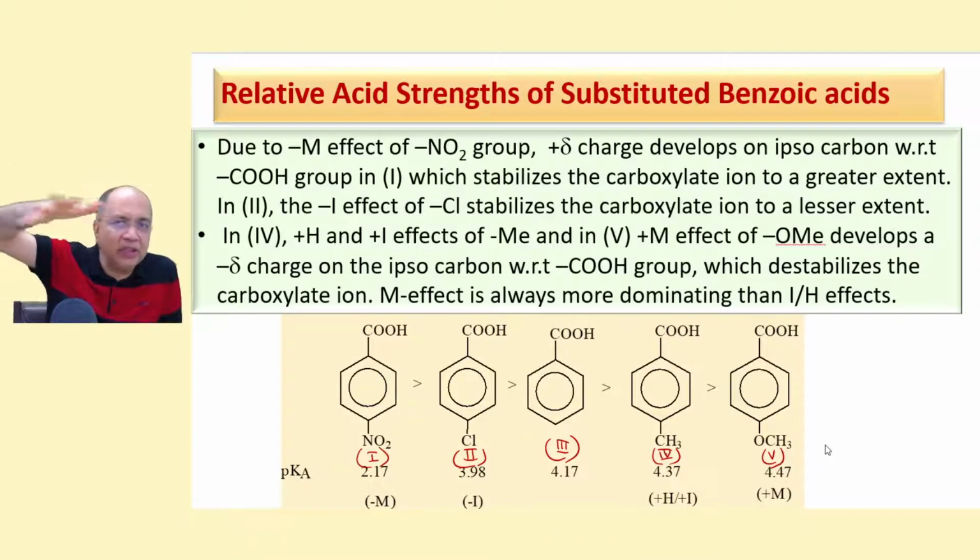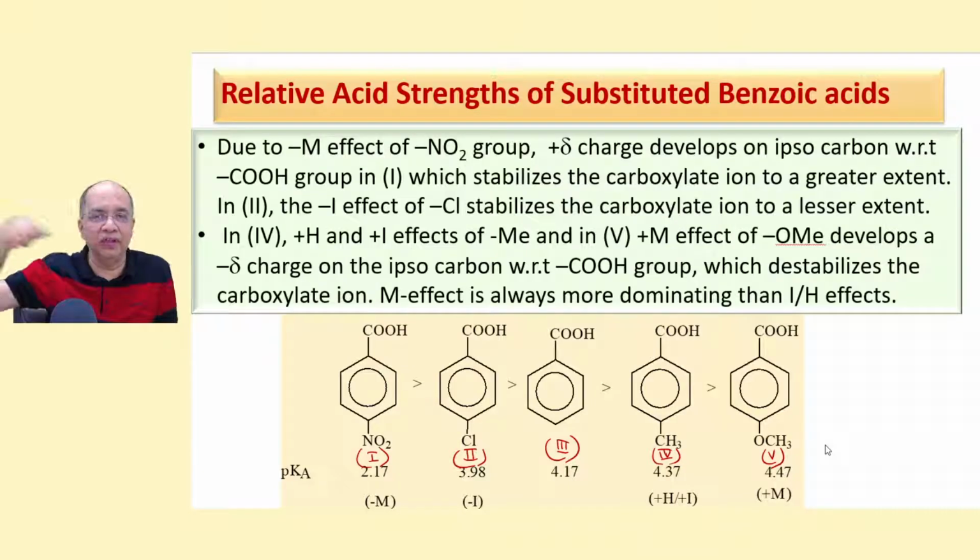But they remain in the vicinity of 7 to 10, 11. But this is in the vicinity of 4. They are much stronger than phenolic compounds in general. It comes to 2.17 for para-nitro, a much stronger acid than benzoic acid, 100 times stronger.